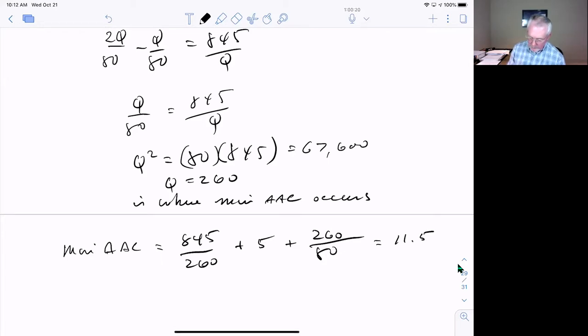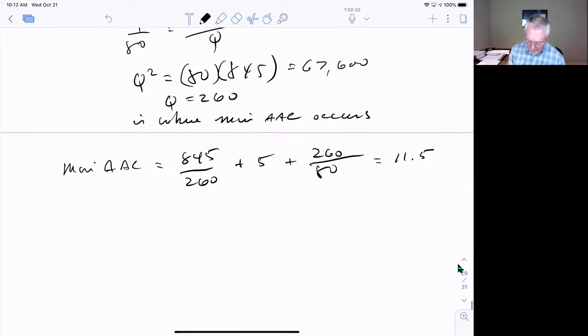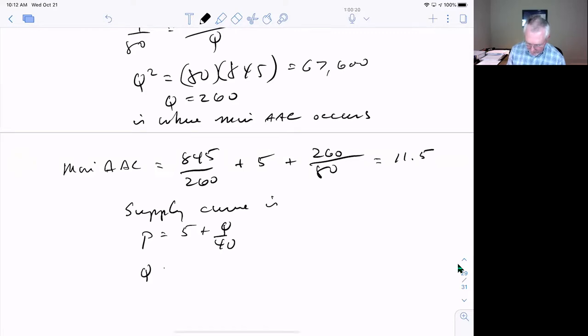So in this particular case now, Dan once again is going to set price equal to marginal cost in order to maximize profits. And we said that that works out to q equals 40p minus 200.